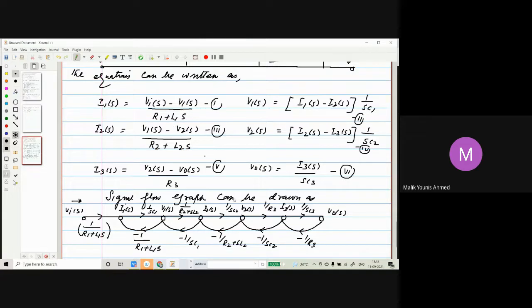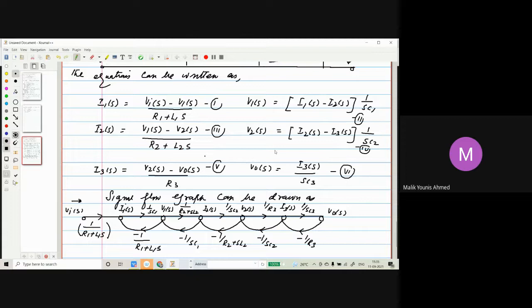In the similar way, we have to move forward. Now if we are talking about V1 of S, V1 of S depends on I1 of S multiplied by 1 by SC1. So here it's clear that V1 of S, if we are moving towards this output, is I1 of S, this current here, multiplied by this gain, equal to this voltage.